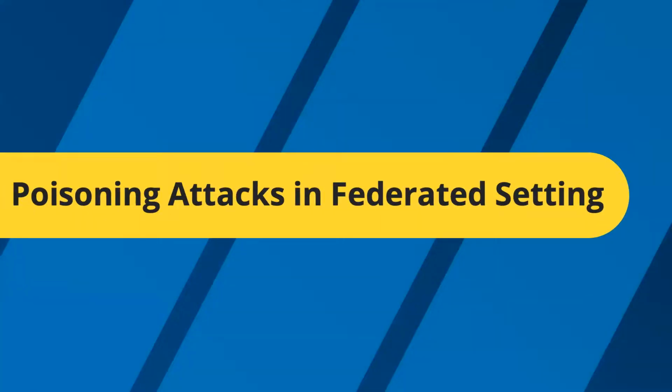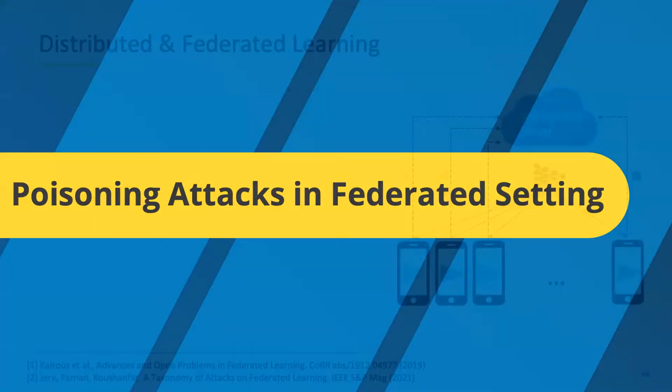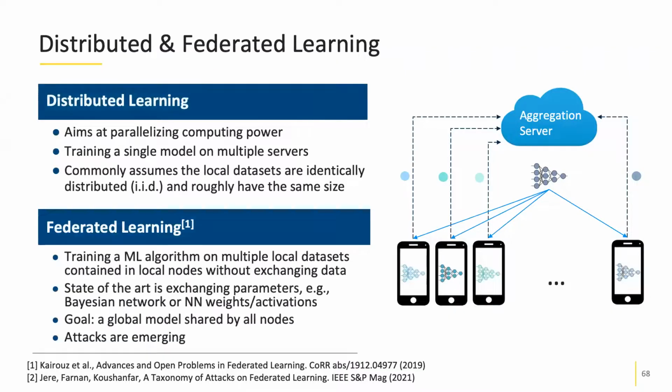So we have introduced poisoning attacks in the centralized setting in the beginning of the session. Now I will talk about poisoning attacks in the federated learning setting. So here I will show an example of the distributed learning and federated learning paradigm. Compared to the centralized learning scenario, the training datasets are now spread across edge users.